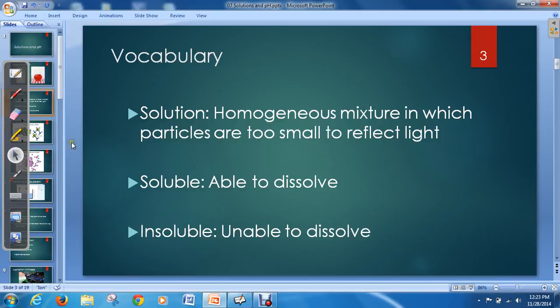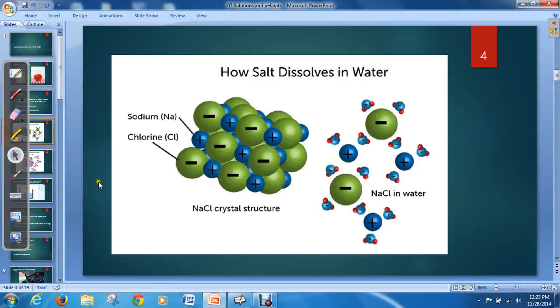Okay, and so the next thing we covered is what actually happens when you dissolve something like salt. The reason water is such a good dissolver of things is because it's a polar molecule. So when something like salt, which has positive and negative ions, is put in it, the water will actually surround the ions.